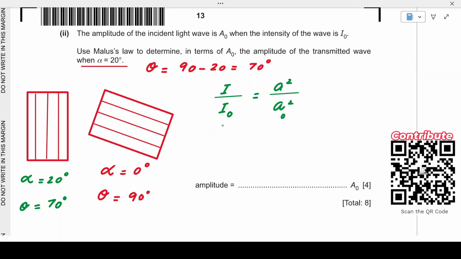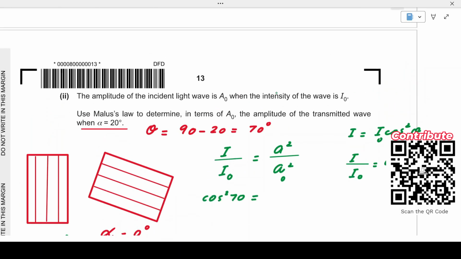So I over I naught, they will be related by this formula, cos square theta. I equals I naught cos square theta. So I over I naught will simply be equal to cos square of theta, and theta is 70. So cos square 70 equals to A.